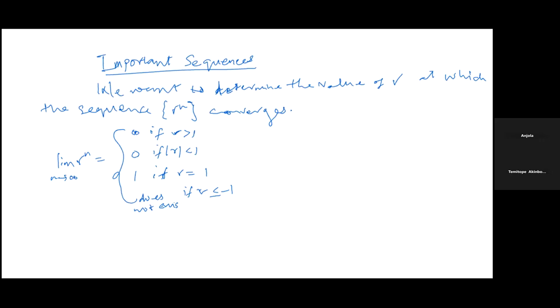So we can now conclude that the sequence AN, and of course, you know that AN is R raised to power n, converges when R equals 1 and when absolute value of R is less than 1.